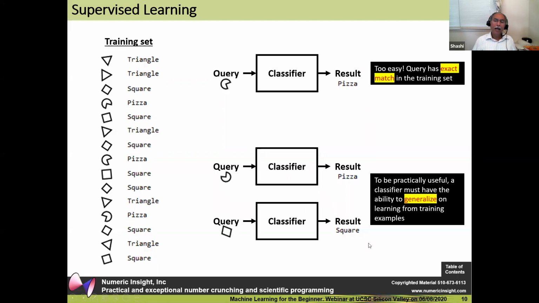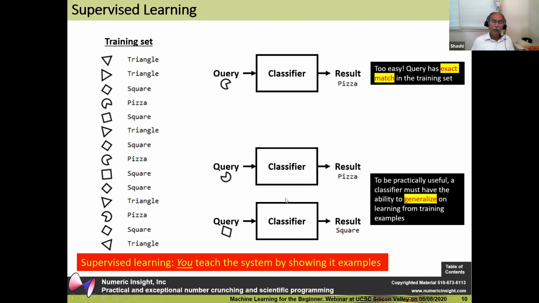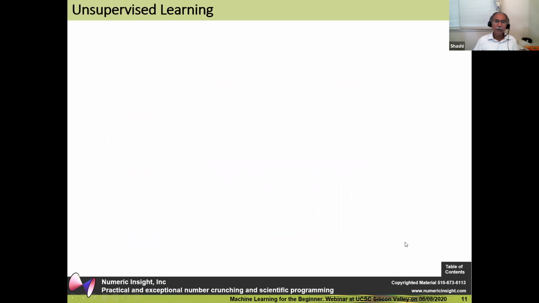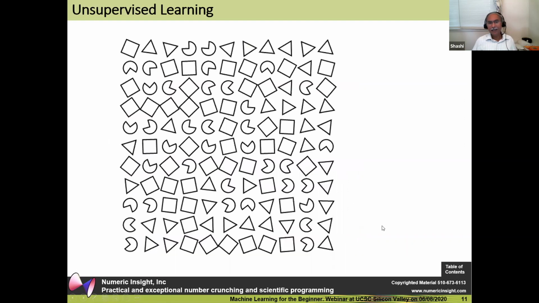I'm just introducing some terms here and there, such as generalization, just to make you more and more comfortable with the entire subject. Now, I think you must have understood that with supervised learning, you teach the system by showing it examples. With unsupervised learning, the situation is like this.